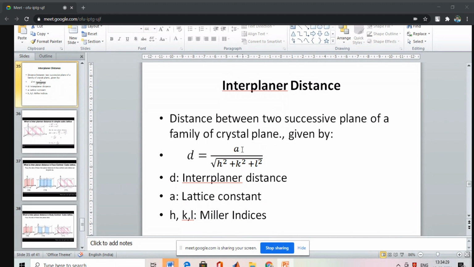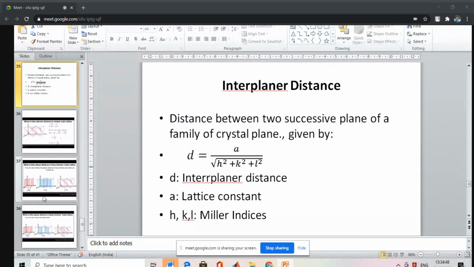And for 110 there is one additional plane passing through the face-centered atoms of the FCC, and so in case of FCC, D110 becomes half of the SCC. Okay.